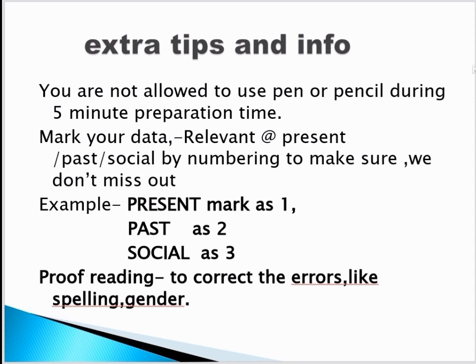Like if I remember correctly, when I wrote the exam, the task was about a female patient, and in the introduction I wrote Miss so-and-so, but for all the body parts I was writing he, him, his, everything. But when I was proofreading, I was able to change to she, her, all these details. So please make sure you do proofreading and you correct the relevant data accordingly.